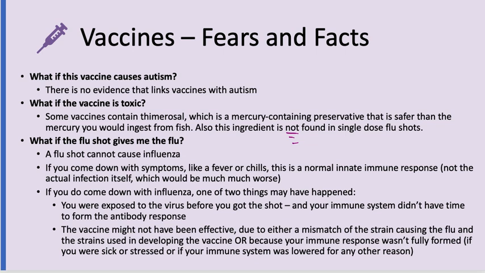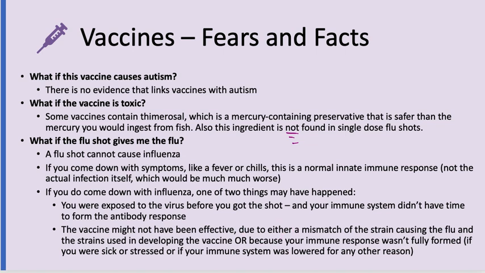If you actually do come down with an active case of influenza after you've gotten a flu shot, then one of two things might have happened. Chances are you were exposed to the virus before you got the flu shot. It takes about 10 days to 2 weeks for the flu shot to actually result in that antibody response.